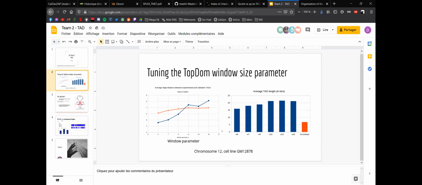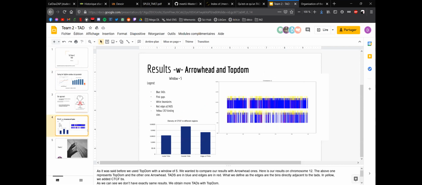And then there's the problem of the work we did on CTCF binding sites: we still have some trouble understanding the relevance of our results, since we apparently don't find a significant enrichment of CTCF around that.